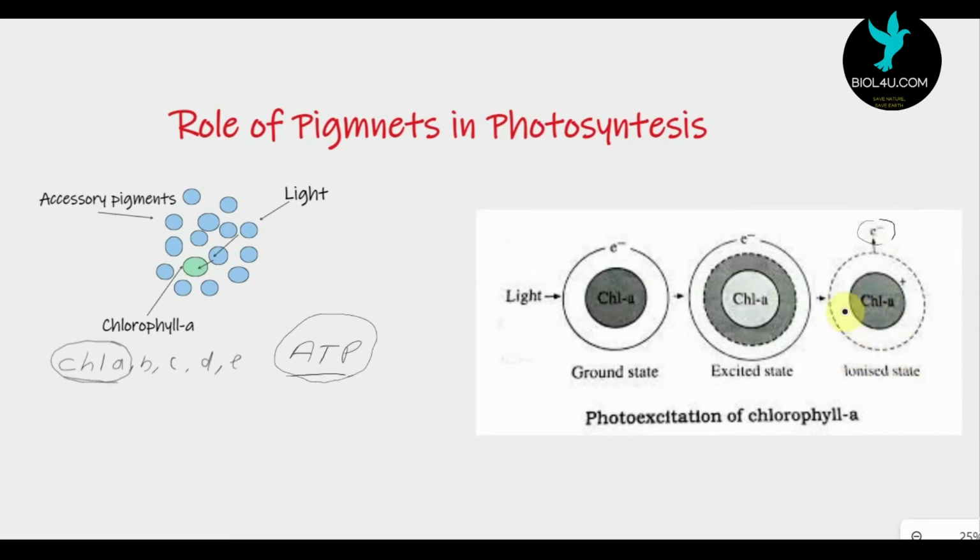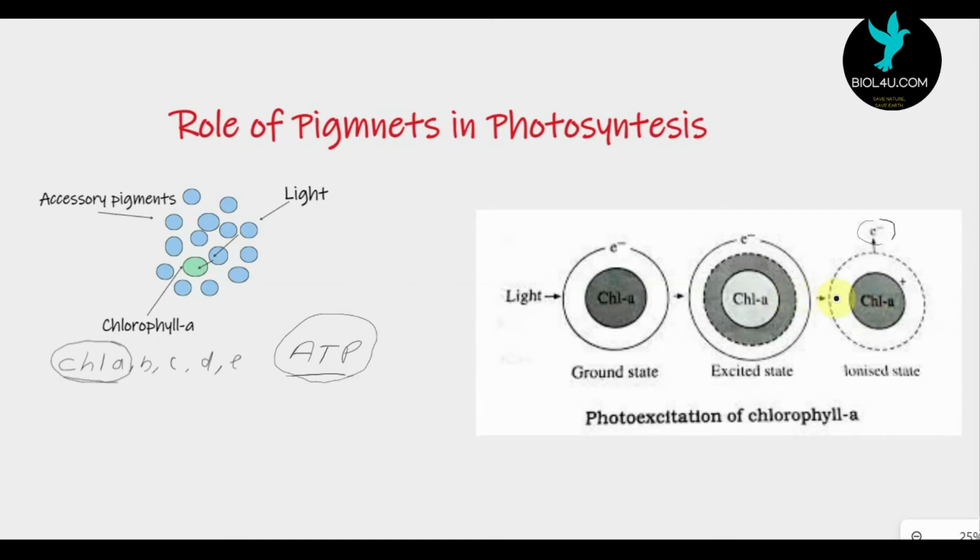But remember, in this ionized state chlorophyll A remains only for 10 raised to minus 9 second. So before 10 raised to minus 9 second, the expelled electron must be transferred back to chlorophyll A. This photochemical reaction, the chlorophyll electron transfer, is very fast.